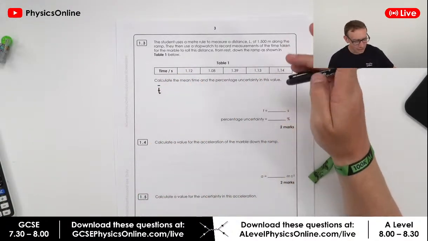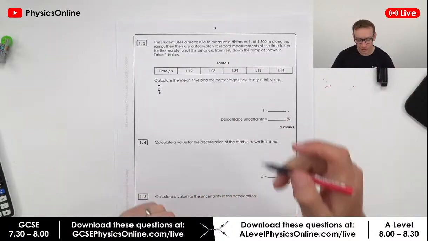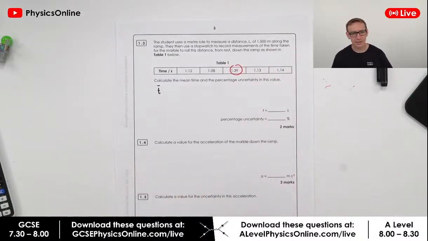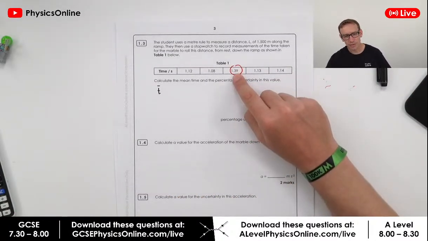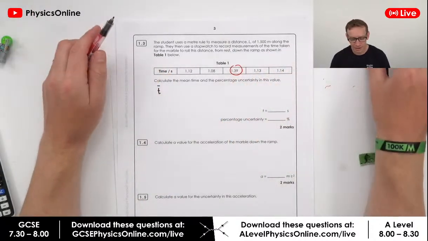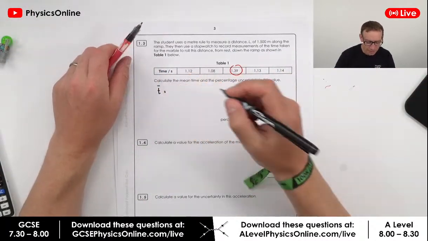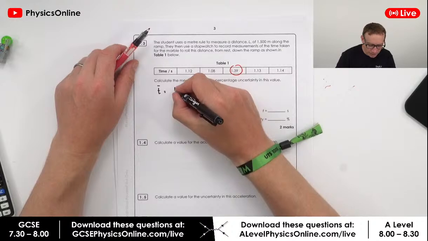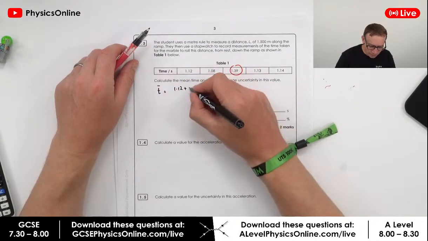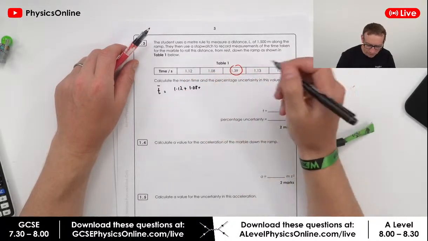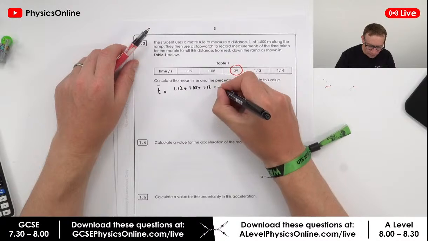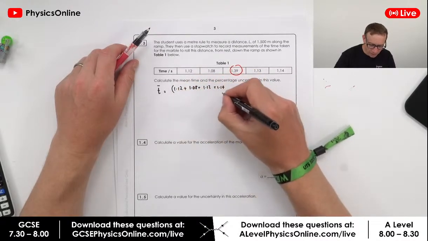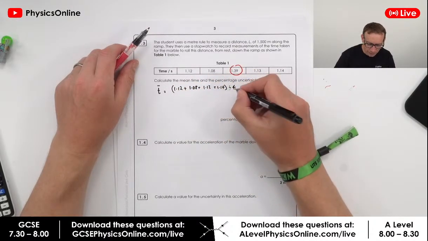But that's where you have to realise that they will give you anomalies and not tell you about it. So I would say that that is an anomalous piece of data, so you discard it. And that means the mean value of time is going to be 1.12 plus 1.08 plus 1.13 plus 1.14, and we're going to divide whatever that number is by 4.